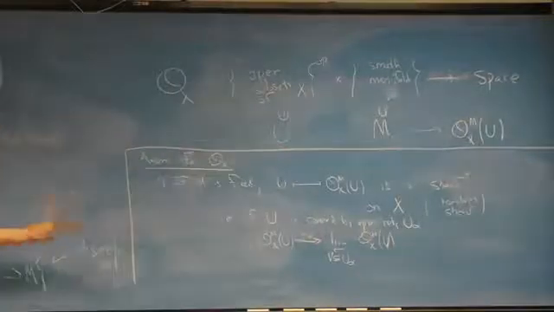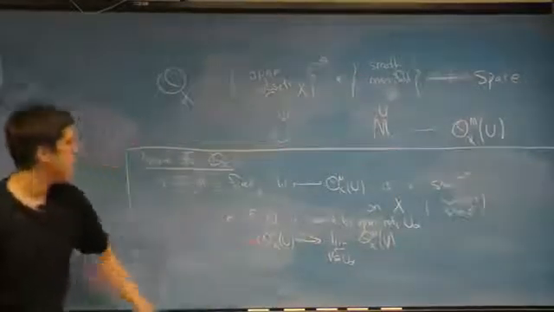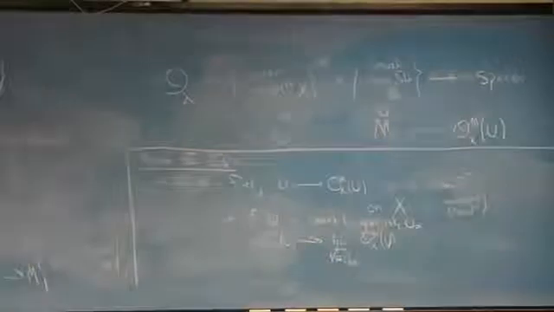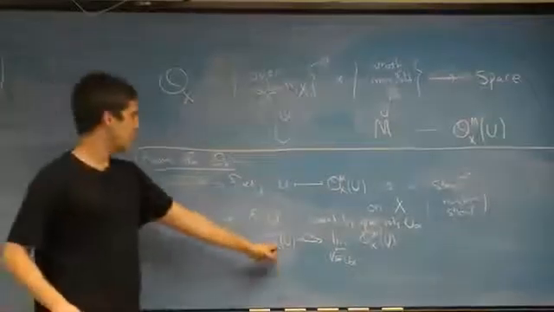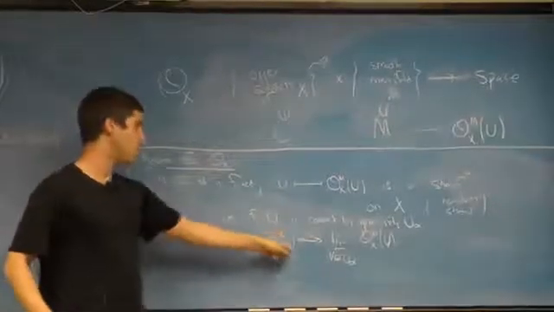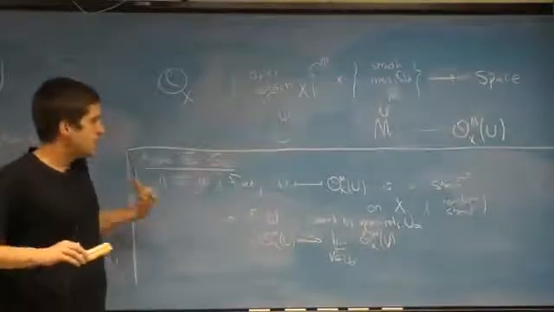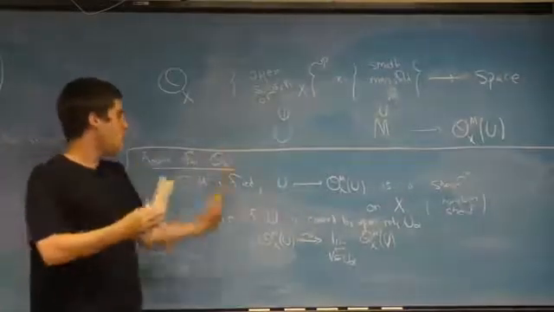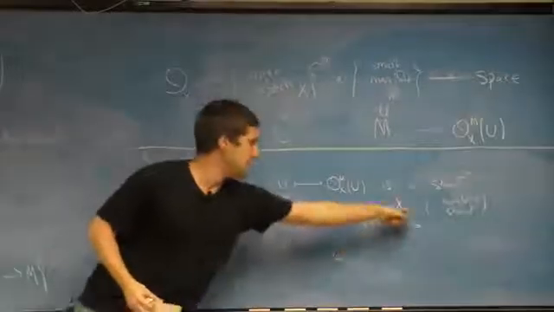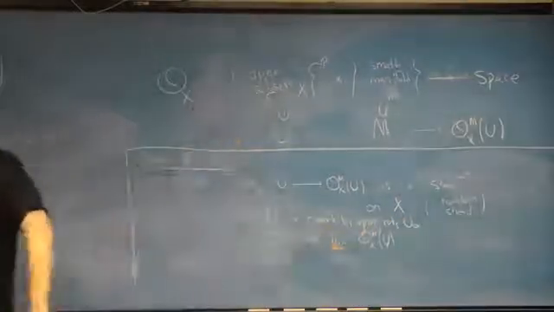So you can recover the space of maps from U into M by knowing, to make a smooth map from U into M, you just have to specify it on small open subsets of U, where small means contained in some open set of a cover. And this is a homotopy limit.